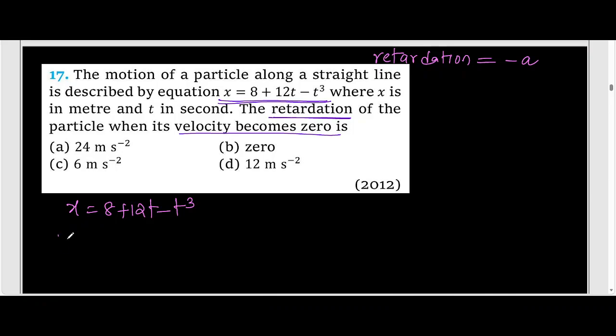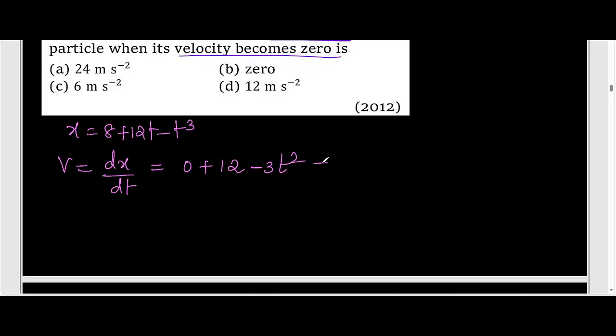So find out velocity, dx by dt. Now differentiate, how much will you get? 8 differentiation is 0, 12t differentiation is 12, and minus t cube differentiation is 3t square. What did they say? Velocity is becoming 0. So this velocity is equated to 0.